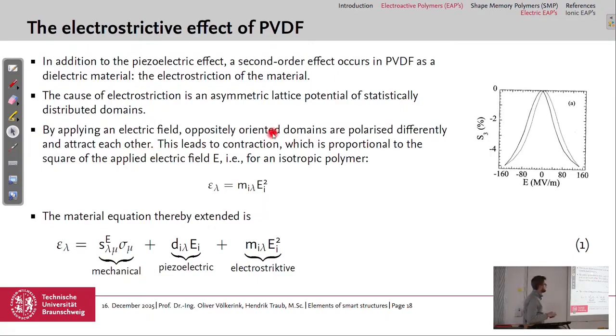So this is not caused by the piezoelectric effect, but by the electrostrictive effect, and it's far less than the piezoelectric effect. But we can also include it in our equation or in our model for the small signal behavior. So then we have not only the mechanical and the piezoelectric terms in it, but also the electrostrictive effect.